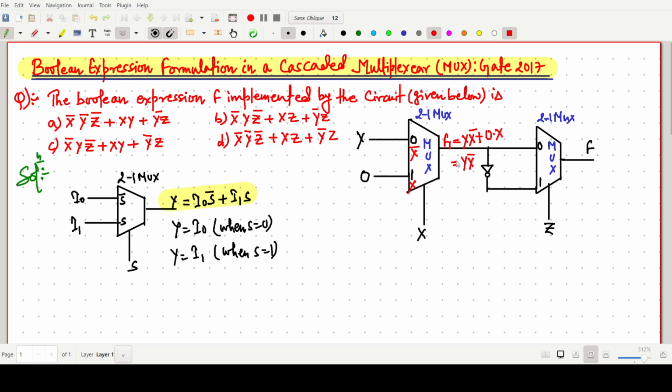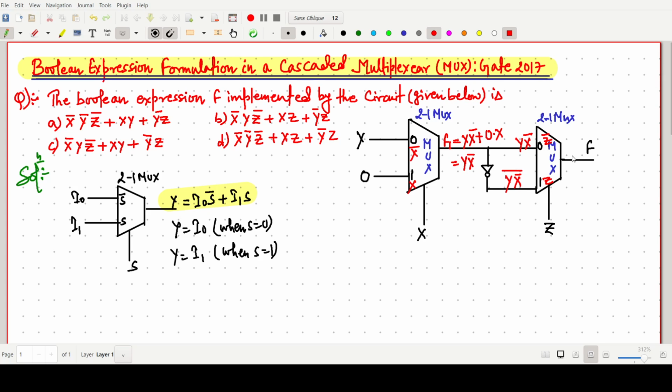So the Boolean expression for the first MUX, f1, is y x bar. In this line we are getting y x bar whole bar, because there is a NOT gate or inverter, so it just inverts the output. Now this 0 we replace with z bar and z, depending on this select line.